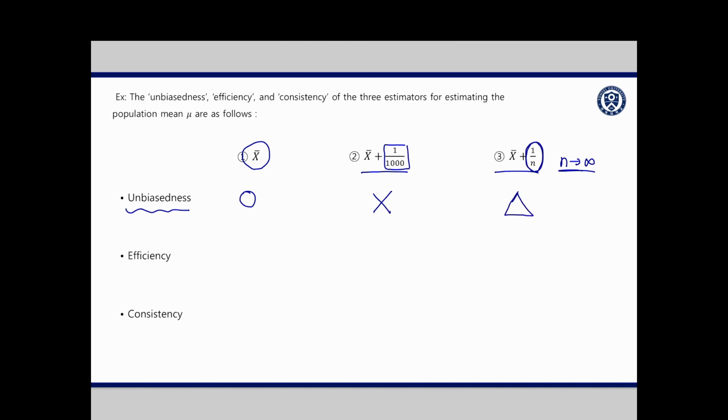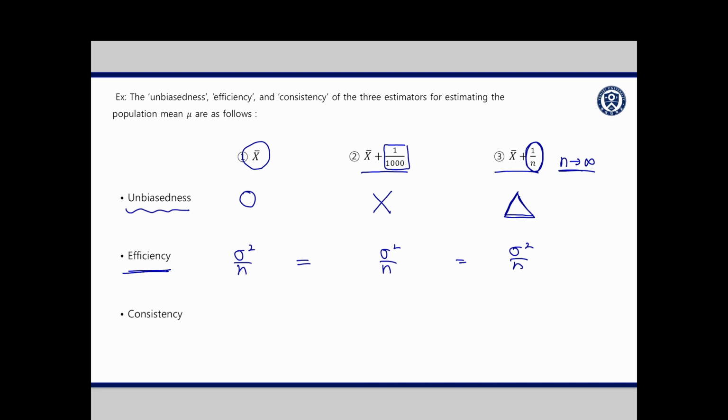In efficiency, since all three estimators have equal variance, no one estimator has better efficiency.